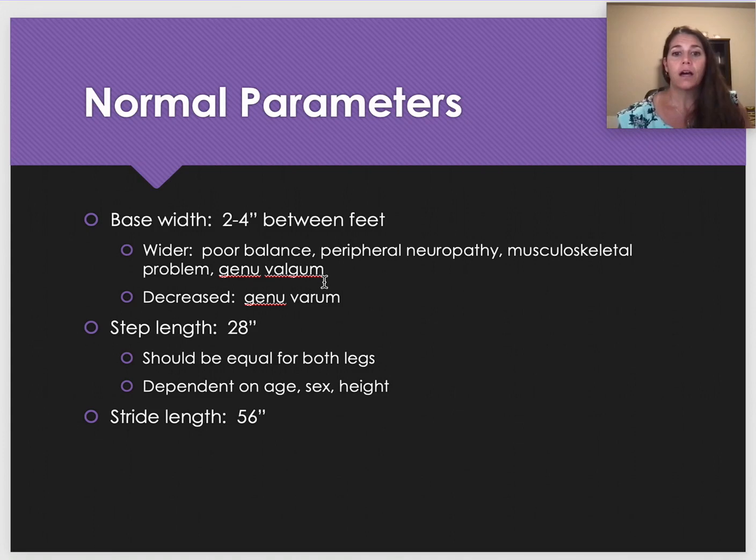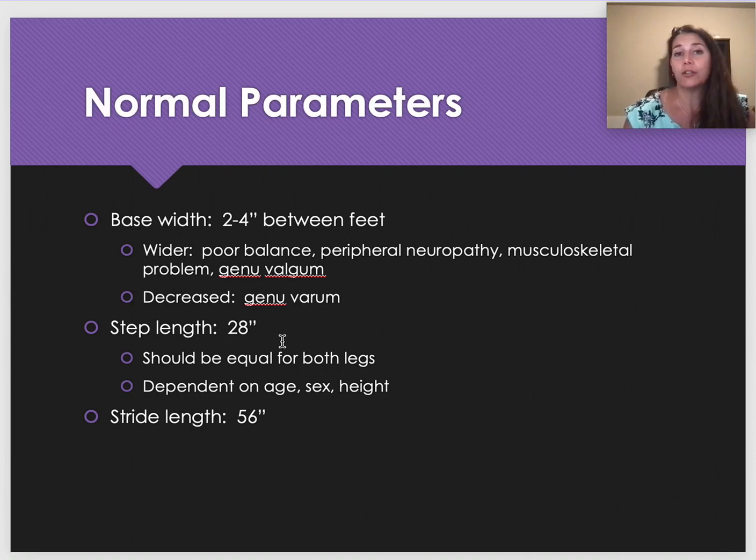Genu varum is just the opposite, where the medial side is compressed and the outside part is opened up under tension, and those are people we would consider bow-legged. If there's not a lot of space between the feet, it's because they're bow-legged, and if they have knock knees, they're going to have a wider stance between their feet.